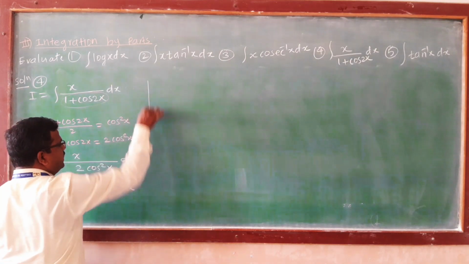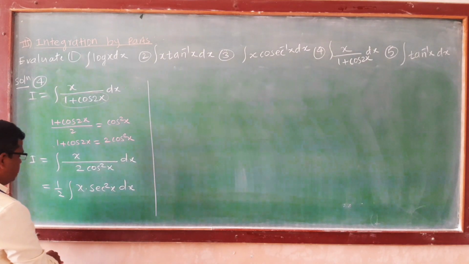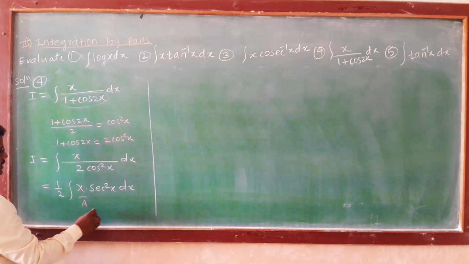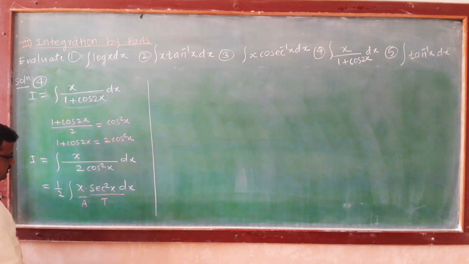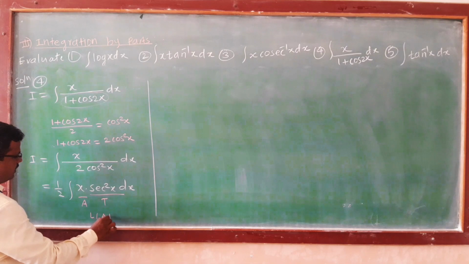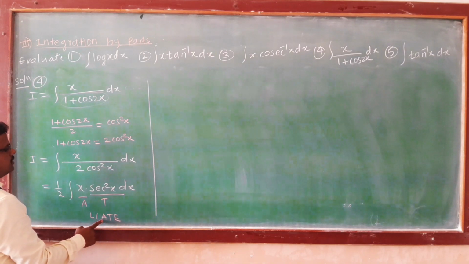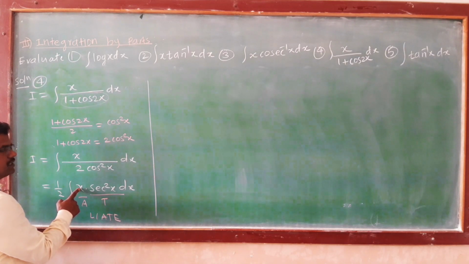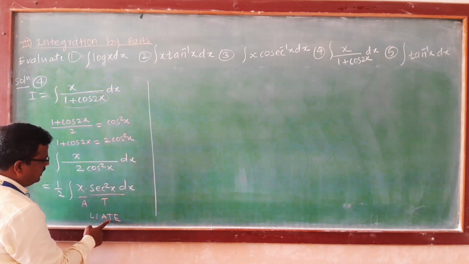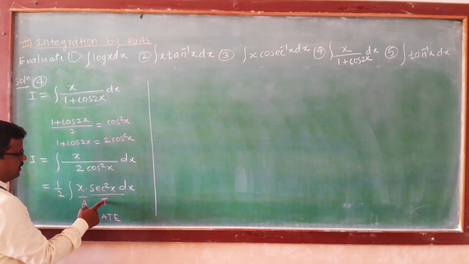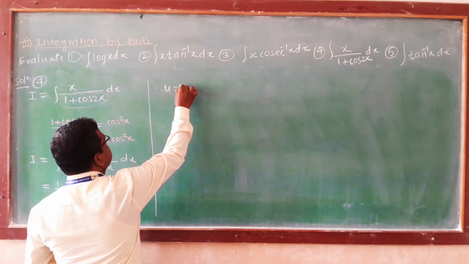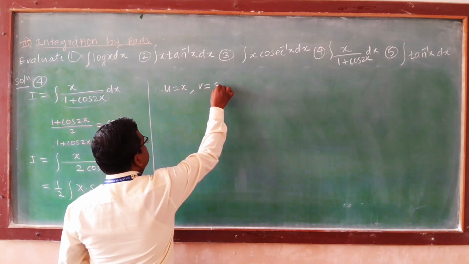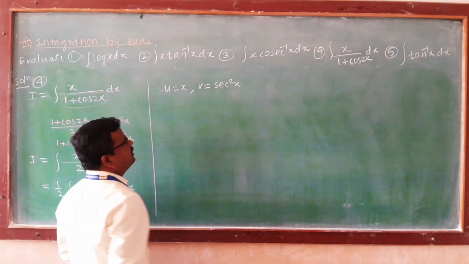Now here there is a product: x, this is algebraic function, and this sec square x, this is trigonometric function. According to the order LIATE, a comes first, so call x as first function and t is second function, therefore call t as u. Therefore here u is equal to x and v is equal to sec square of x.